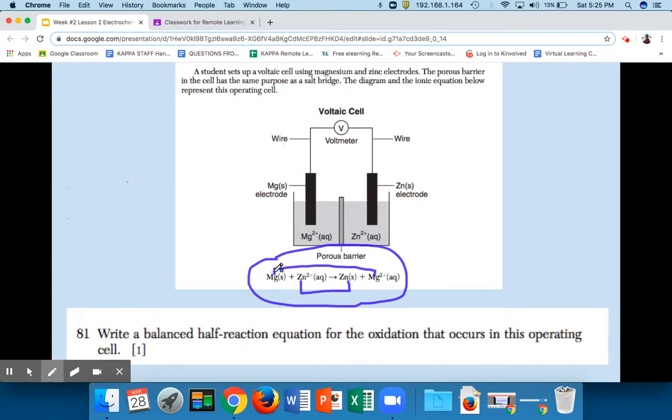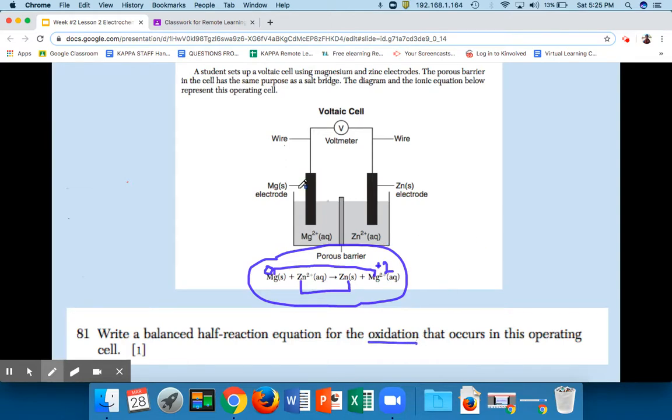So what charge does Mg solid start with over here? Well, it starts with a 0 charge because it's by itself, and it's going to a, hopefully you guys can see that, it's going to a +2 charge. So what's happening to magnesium? Is it gaining or losing electrons? It's losing electrons. So this is our oxidation.